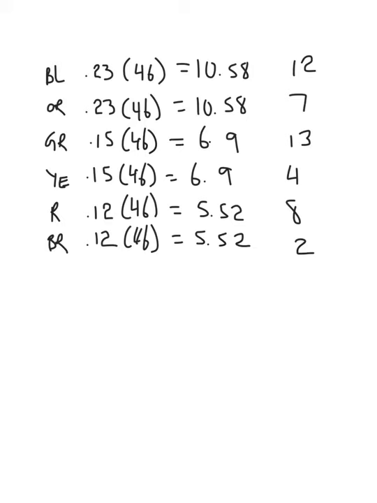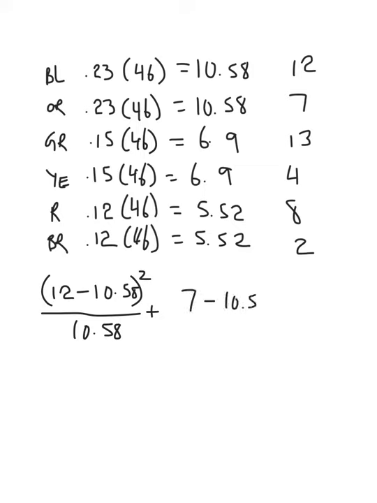So what do we do with this mess? We take the observed value, which for blue is 12, minus 10.58, and we square that and divide it by 10.58. Then we add that to the next one, which is 7 minus 10.58.